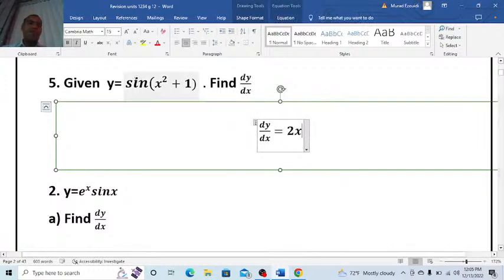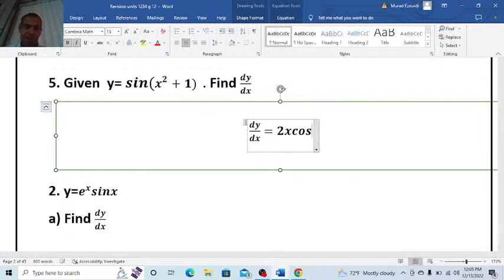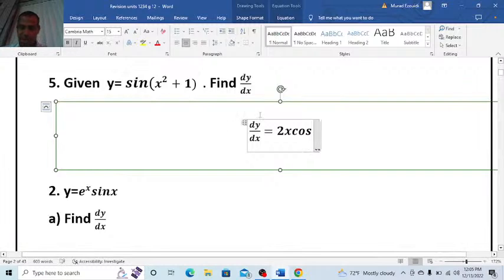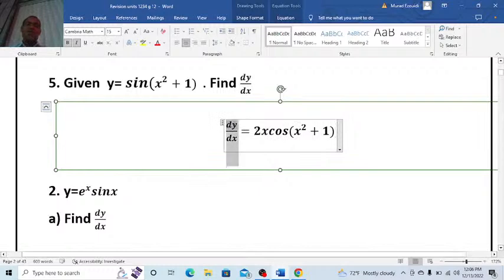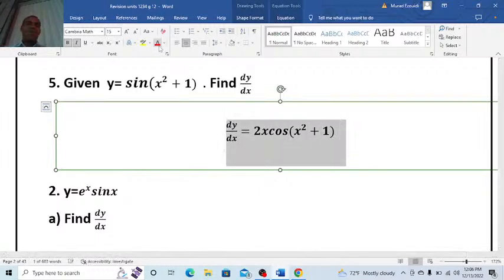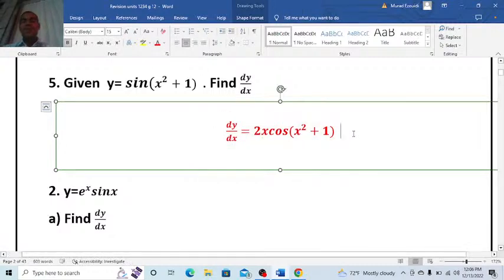Then the first derivative of sine is cosine, multiplied by cosine of what? Of, between parentheses, my function, x square plus 1. Then I will close the parentheses. This is the first derivative of the function y. So this is how you can solve the question.